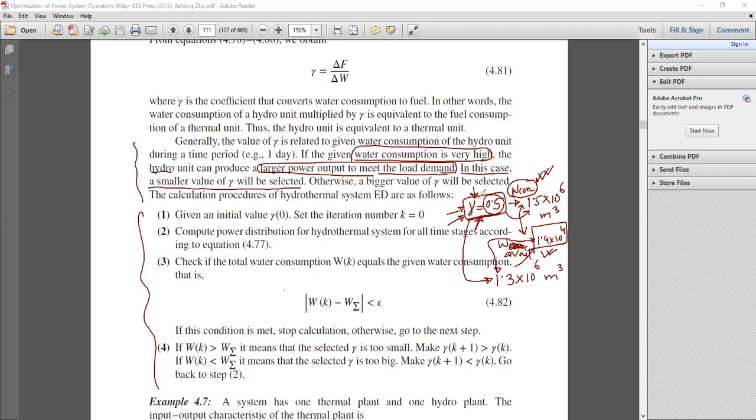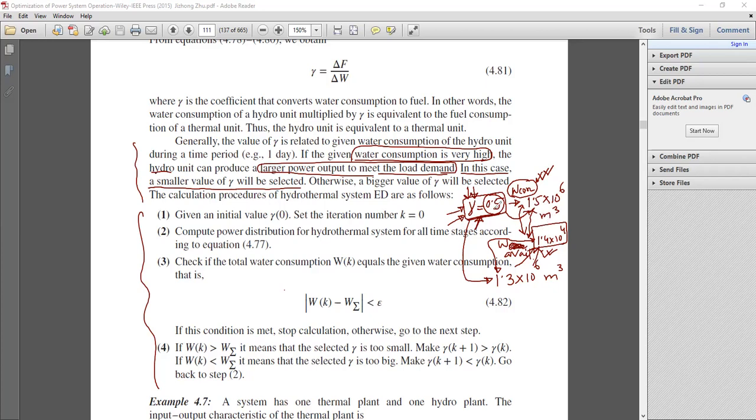So the update should be such that whatever difference we had with the first assumed value of gamma, in the next iteration with the updated value of gamma, this error value is minimized in both ways. Be it positive error, be it negative error, in both cases the gamma value should be updated in such a manner that the error value is minimized.